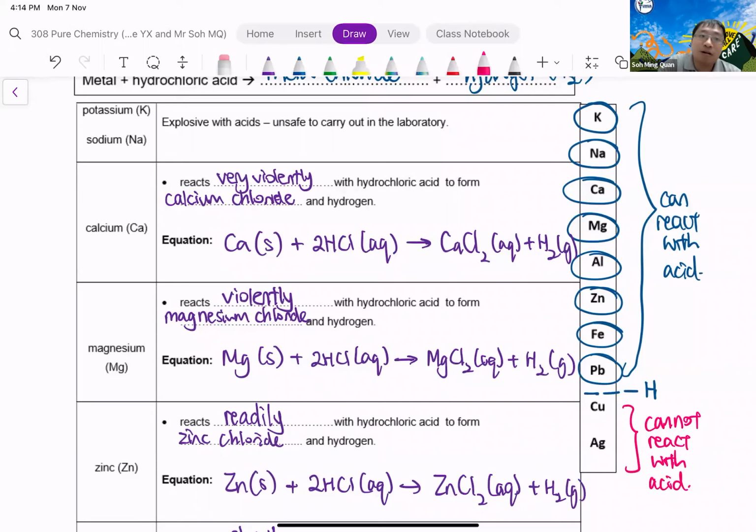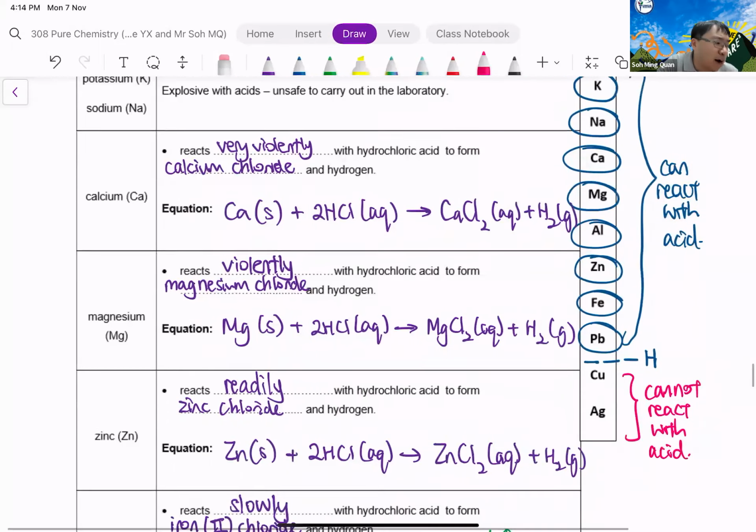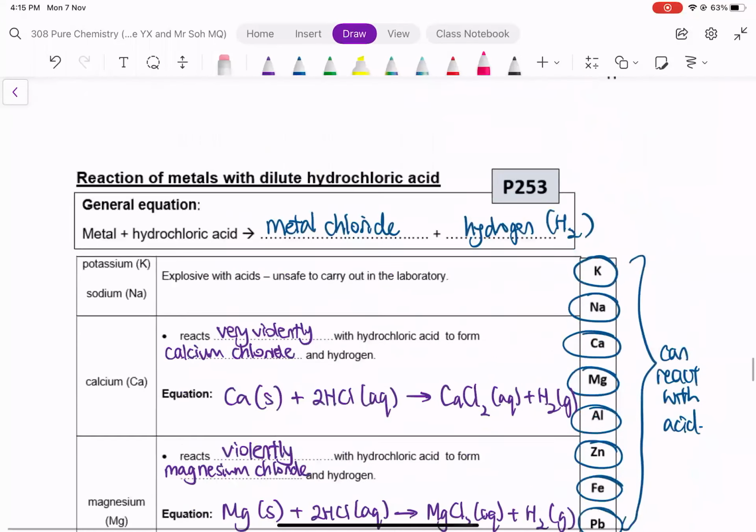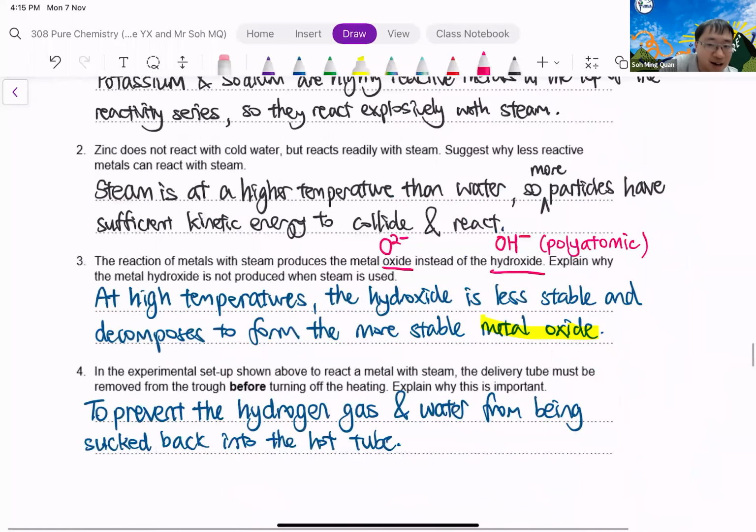The same explanation as lead. So does it react? Because when you say lead, actually lead reacts with acid, just that the reaction stopped. Oh, yeah. Okay, so does aluminium react with steam? Let me ask you again. I think yes. Okay, so thinking is one thing, supporting with evidence is another.